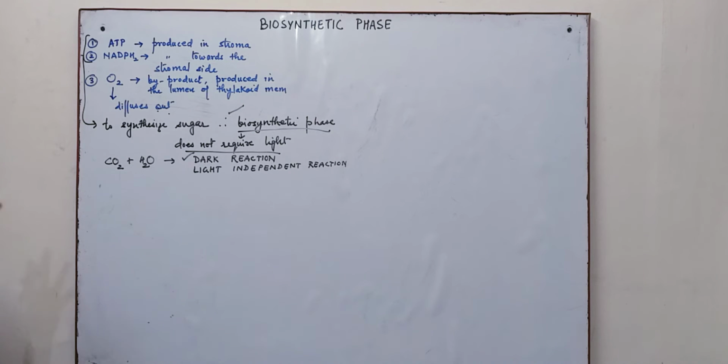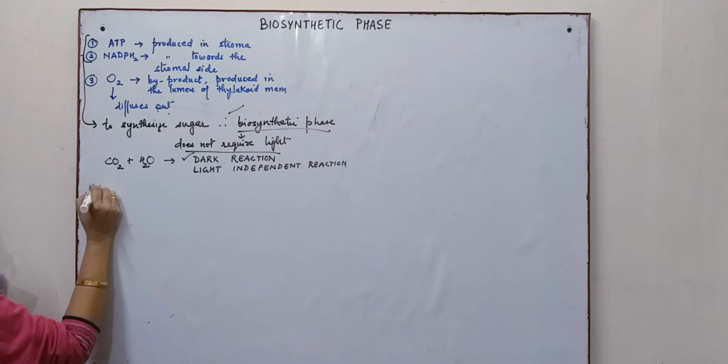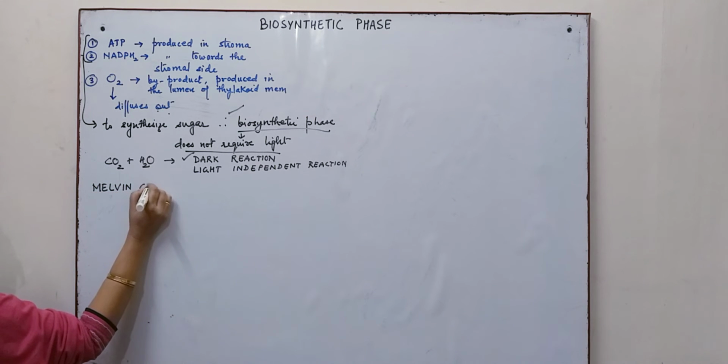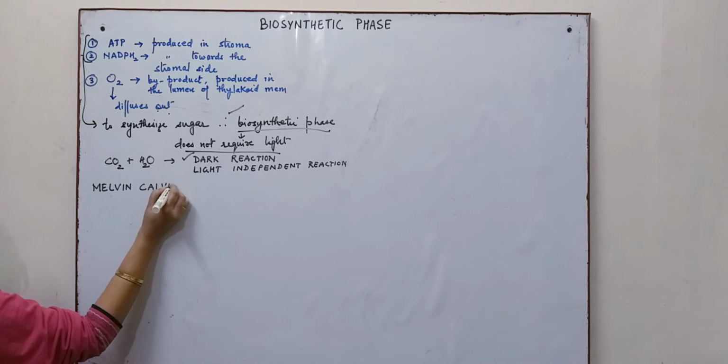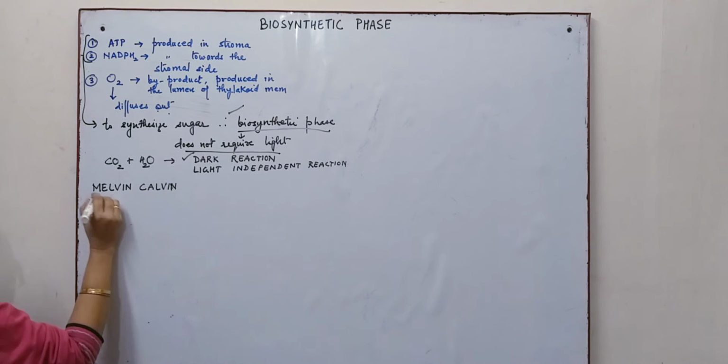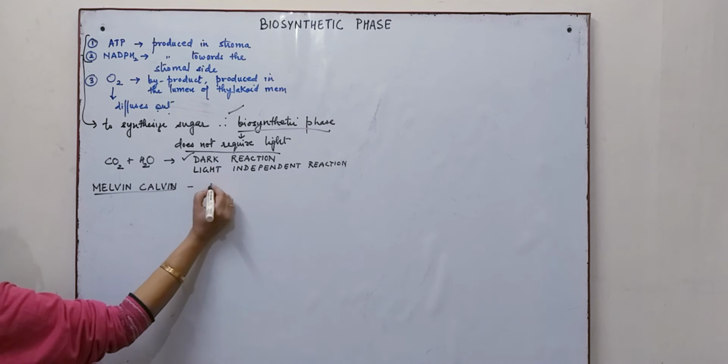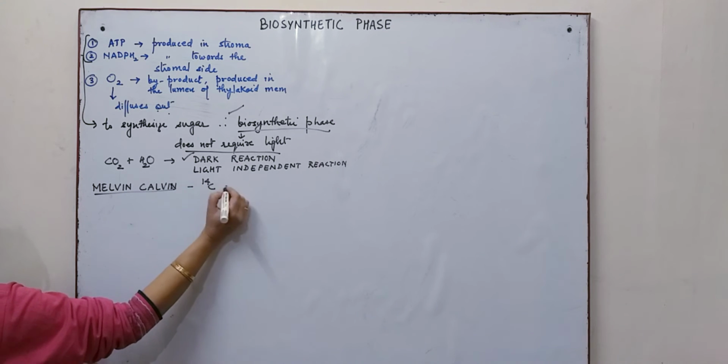The entire process of this dark reaction was explained by a scientist, Melvin Calvin. This scientist traced the entire cycle using a radioactive carbon isotope.